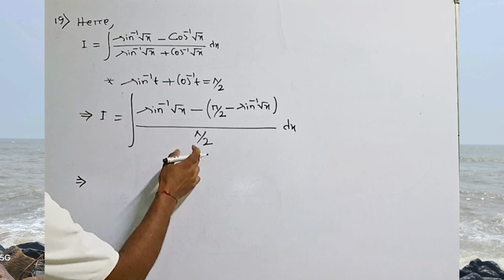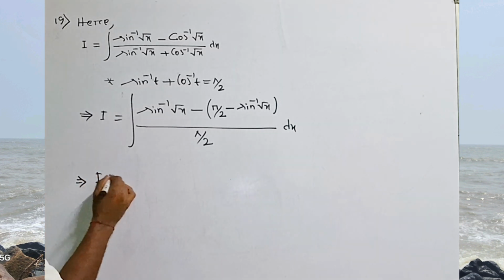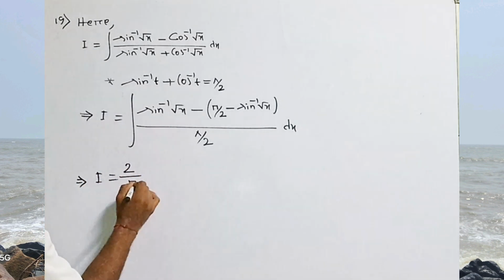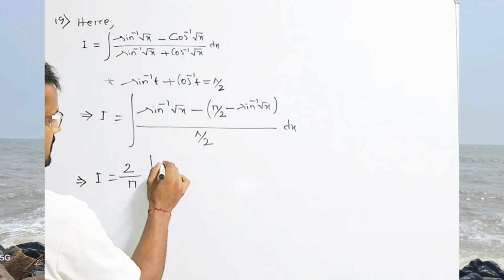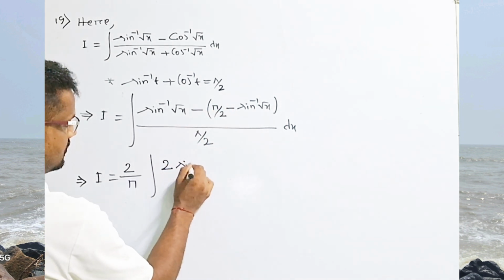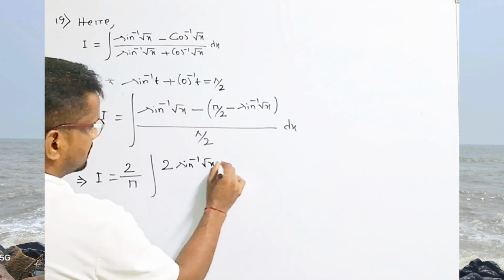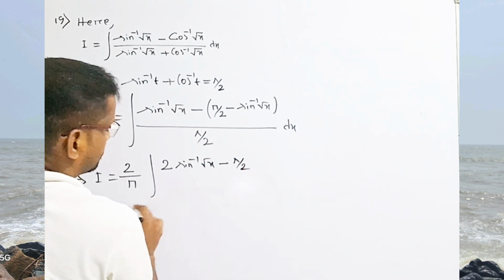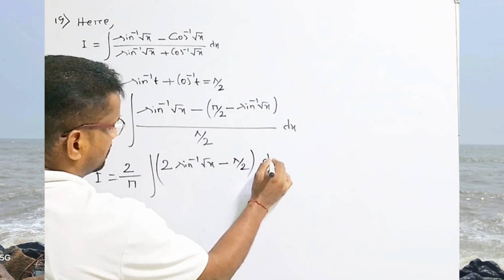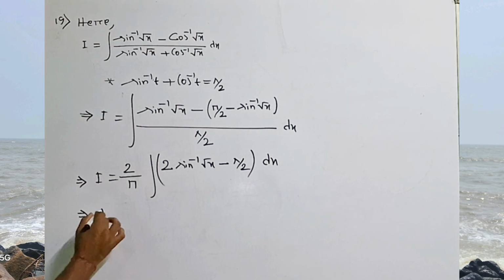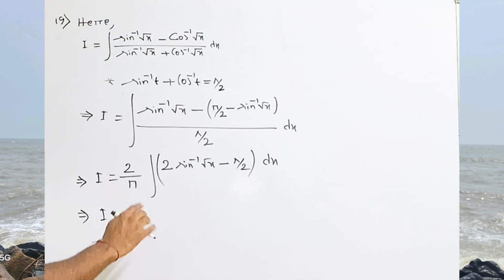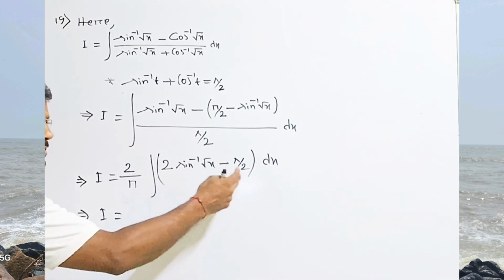After this, pi by 2 is a constant, so I equals 2 over pi times the integration of, if you simplify this, twice sin inverse root x minus pi by 2 with respect to x, that is dx. Now, term-wise, integration of the first term minus integration of the second term.